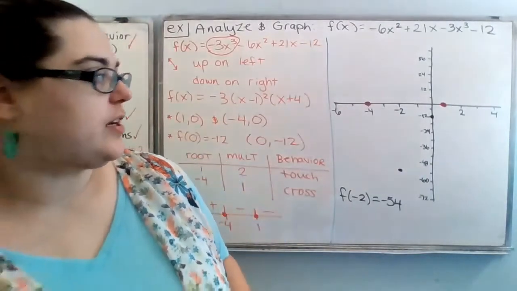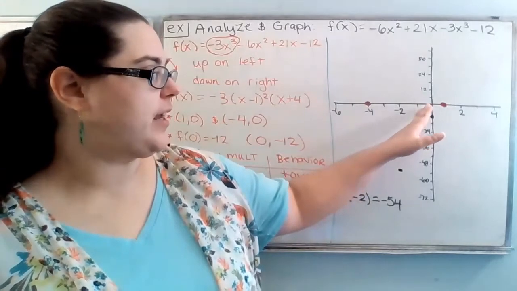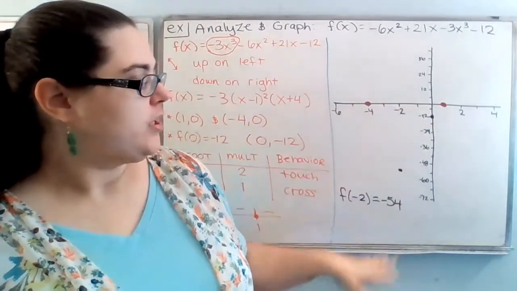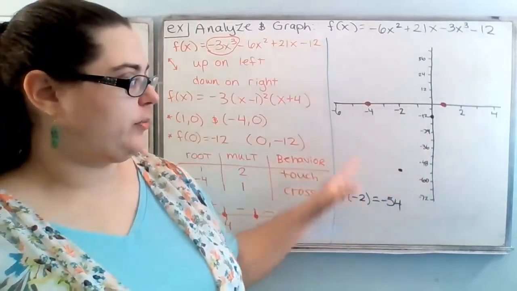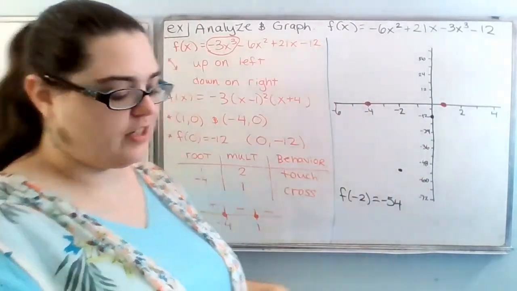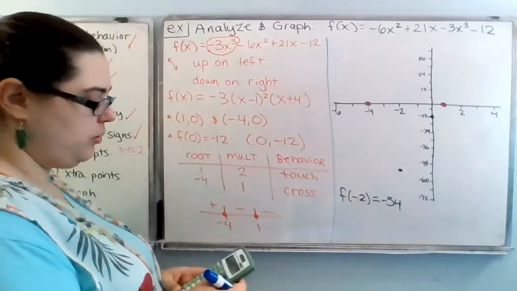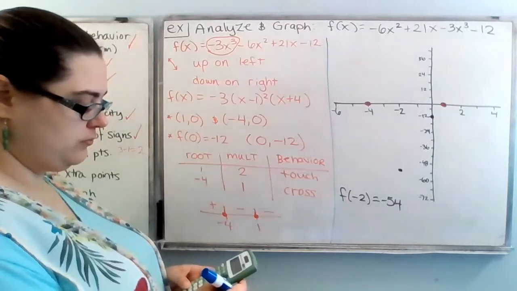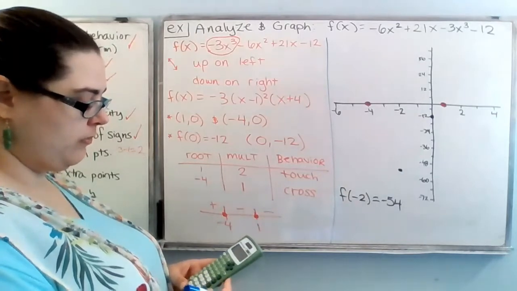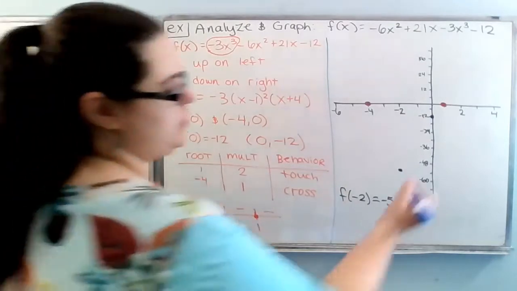I'm going to find a few more points. I'm going to find what happens at -1 and at -3, just to see if -54 is as low as it's going to go, or if it's going to go a little bit further, just to get an idea of the shape here. So I'm going to go back in and I'm going to substitute in -1. And that gave me -36.